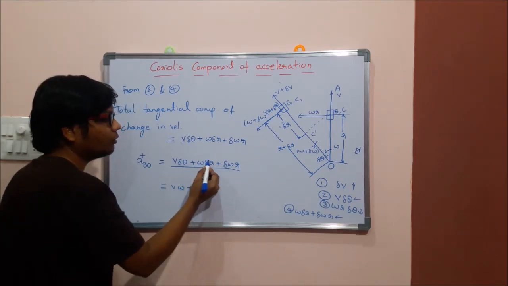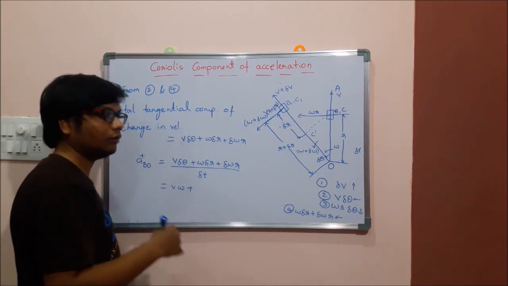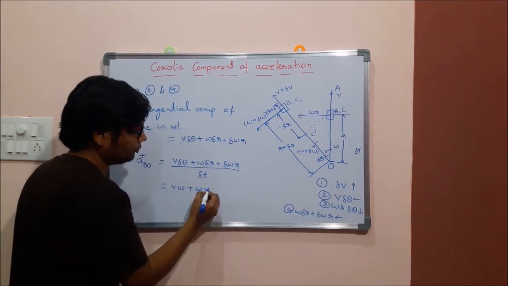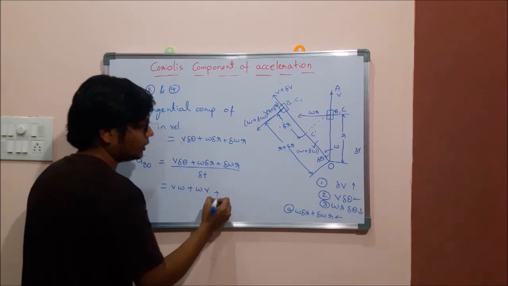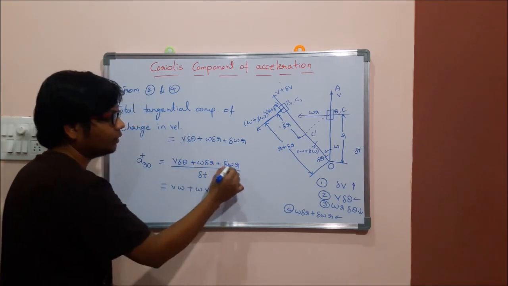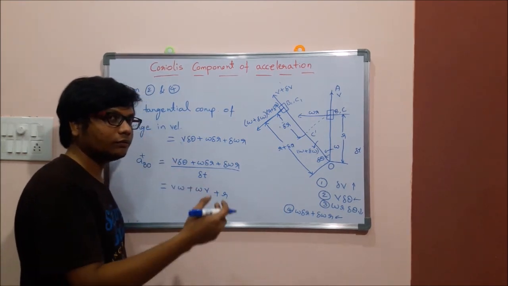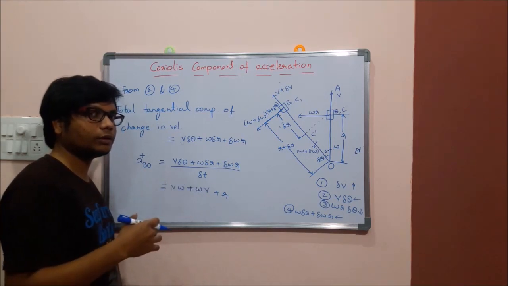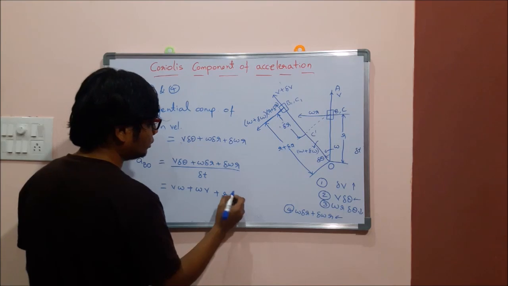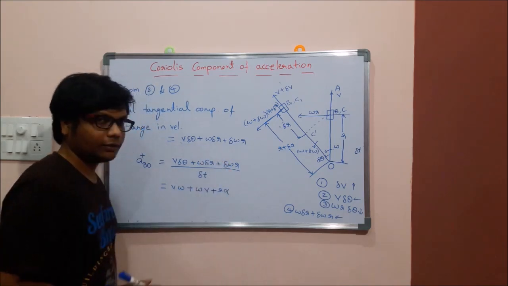Similarly, omega into dr by dt, the change of linear displacement with respect to time, can be written as omega into V. Next, plus r into delta omega by delta t, d omega by dt, which is the change in angular velocity with respect to time, the angular acceleration, can be written as r alpha.